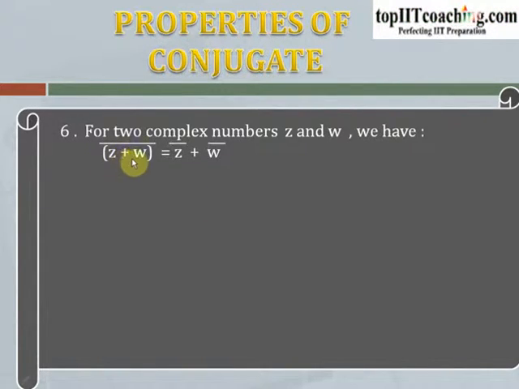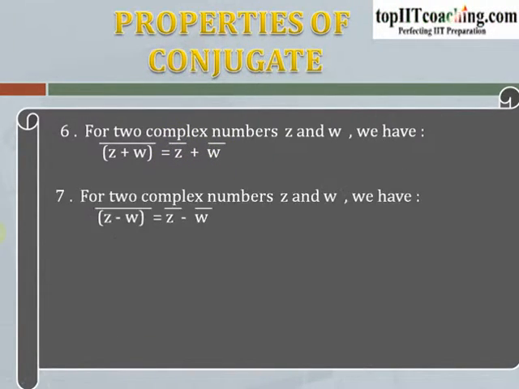That is, conjugate of (z plus w) is equal to z conjugate plus w conjugate. The next property is, for two complex numbers z and w, we have the conjugate of (z minus w) equal to z conjugate minus w conjugate. Simply, the conjugate of the difference of two complex numbers is equal to the difference of the conjugates.